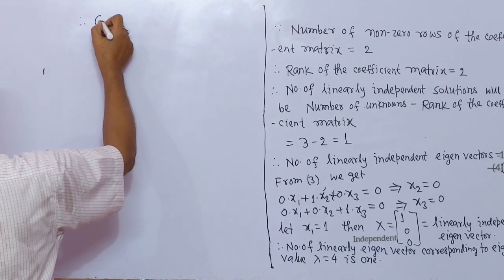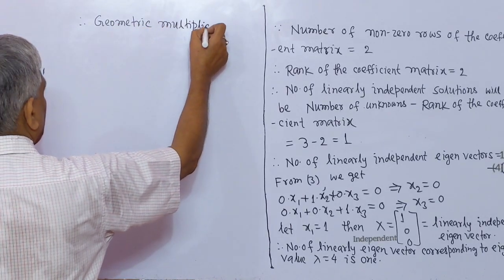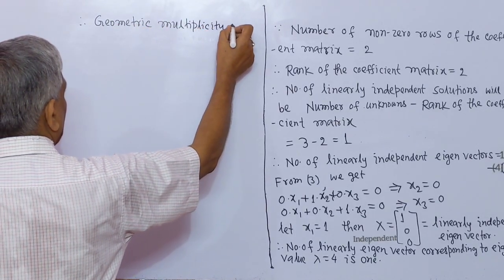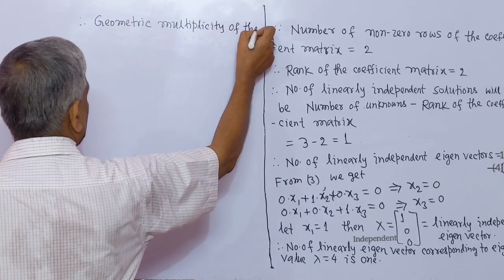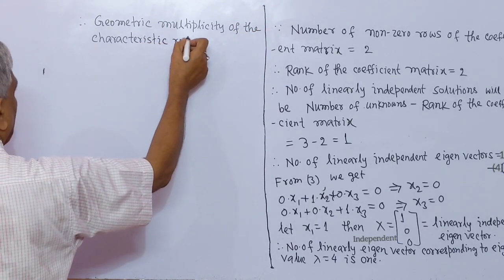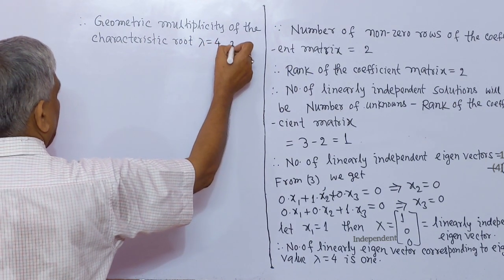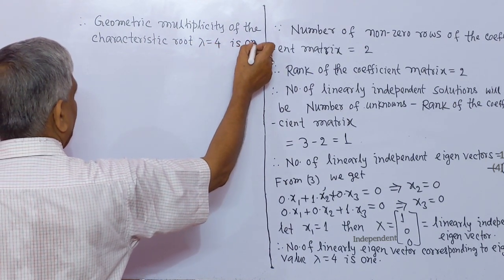Therefore, the geometric multiplicity of the characteristic root lambda equals 4 is 1.